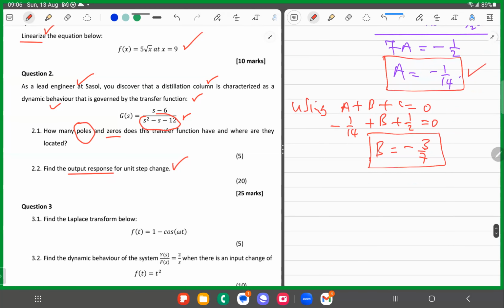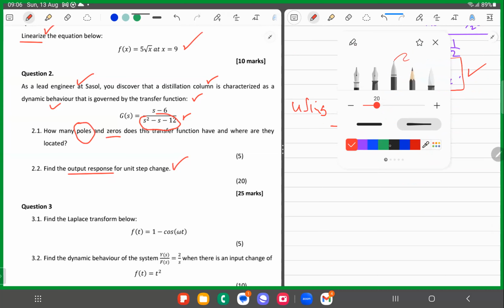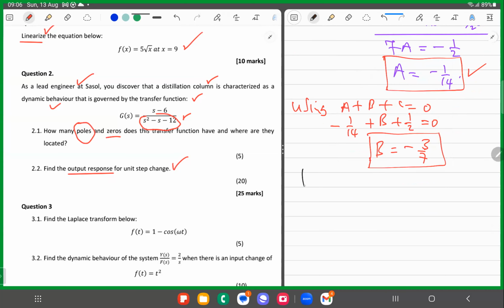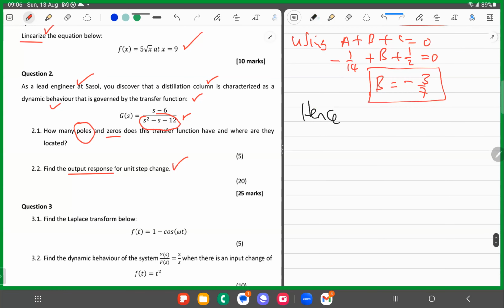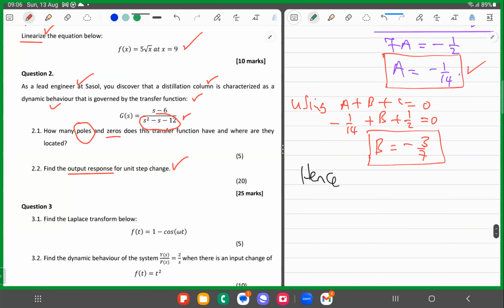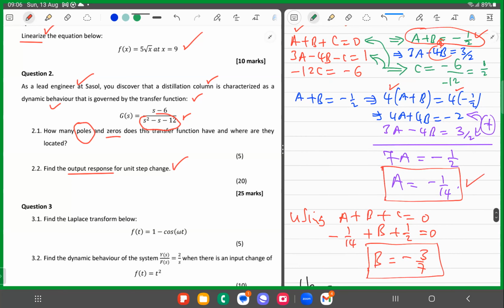So with this, hence, what is then the conclusion out of all this? The conclusion out of all these is therefore that we've got that C is 1/2.